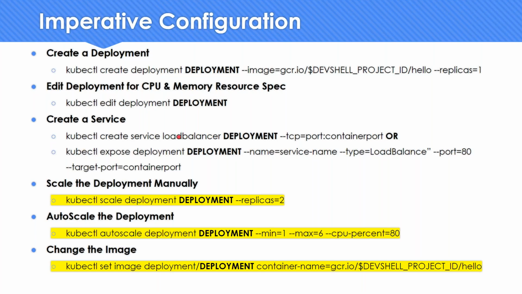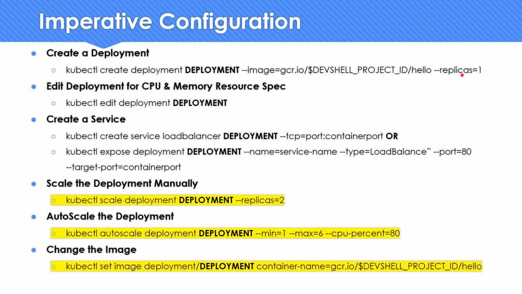Once the cluster is ready, this is the command we're going to run: kubectl create deployment, the name of the deployment which you want to give, and the image, the container image which you want to deploy, and how many such copies you want, replicas.